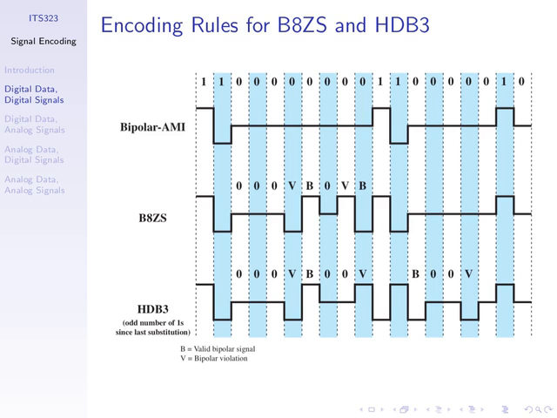They are based on bipolar AMI, but if we have a long sequence of zeros, with bipolar AMI we get a long sequence of zero voltage. That can be bad from the receiver's perspective, so we introduce some changes with these two approaches so that the receiver can synchronize with the transmitter.